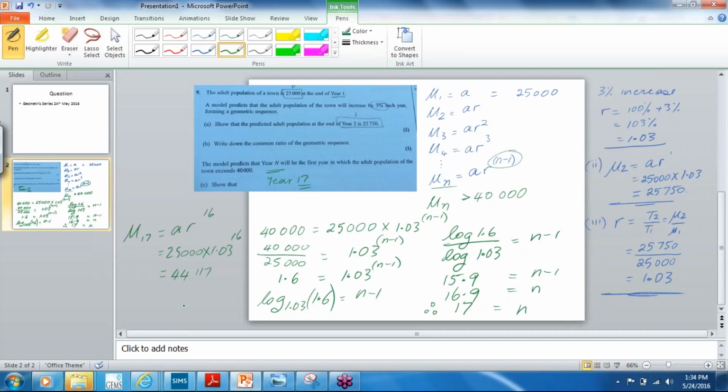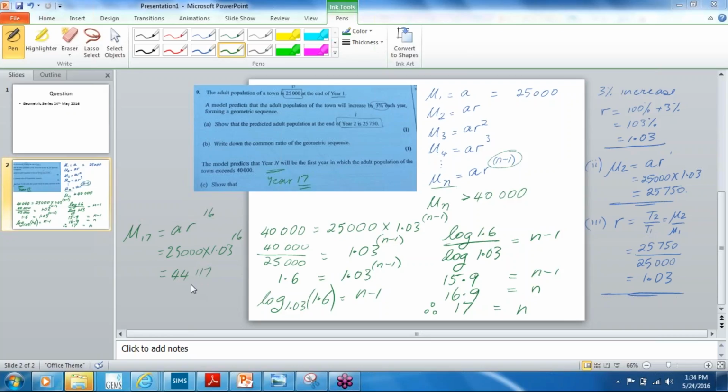Was that right? I can't remember the value we got, or is it 40,000? Let me just check that. 25,000 times 1.03 to the power of 16.